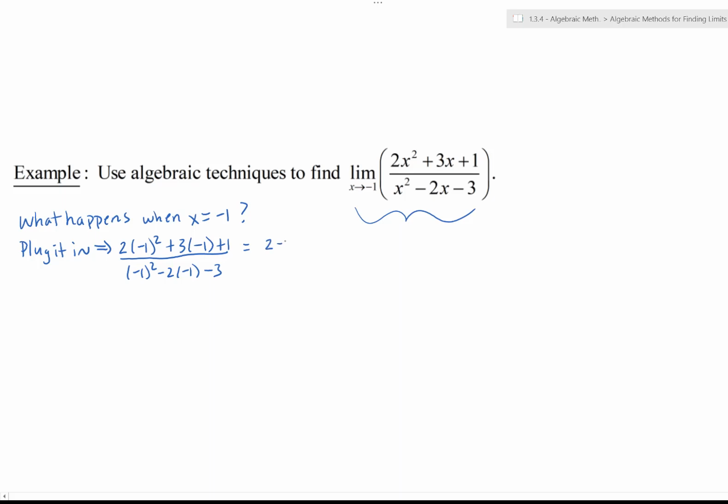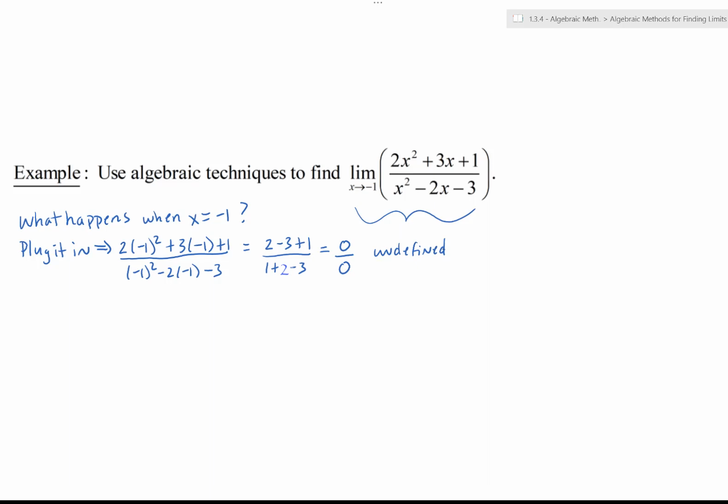That's 2 minus 3 plus 1 in the numerator, and in the denominator, 1 plus 2 minus 3. Notice that here we get 0 over 0. And of course, that is undefined, and more specifically, the denominator is zero, so we can't simply plug in the value of x here.